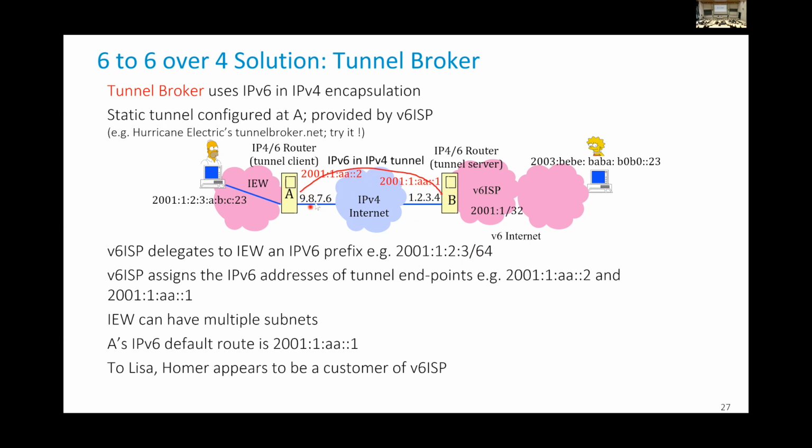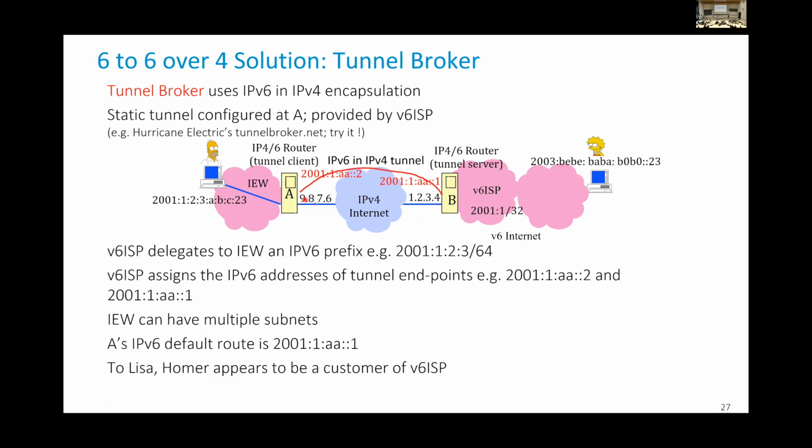Then once I have done that, I create, like before, a virtual interface in my machine here, which is called a tunnel interface. That corresponds to the IPv4 final address here. That means on this virtual interface, any packet that you put will be encapsulated inside an IPv4 packet with this destination address here.